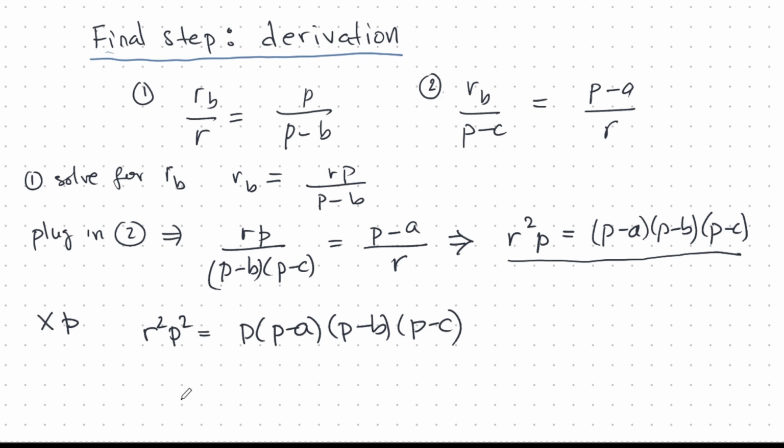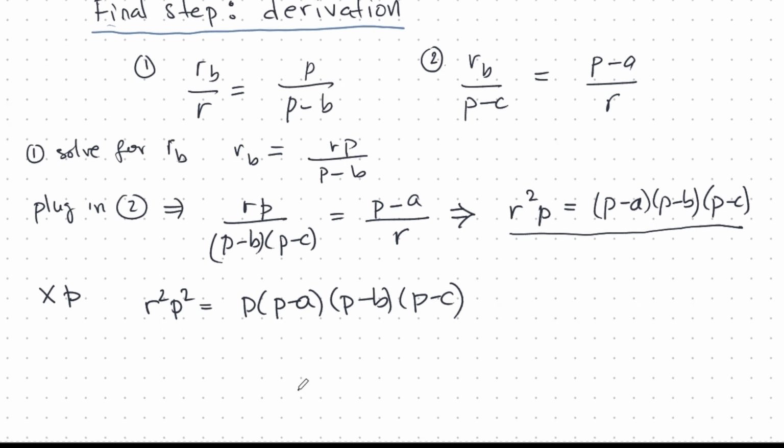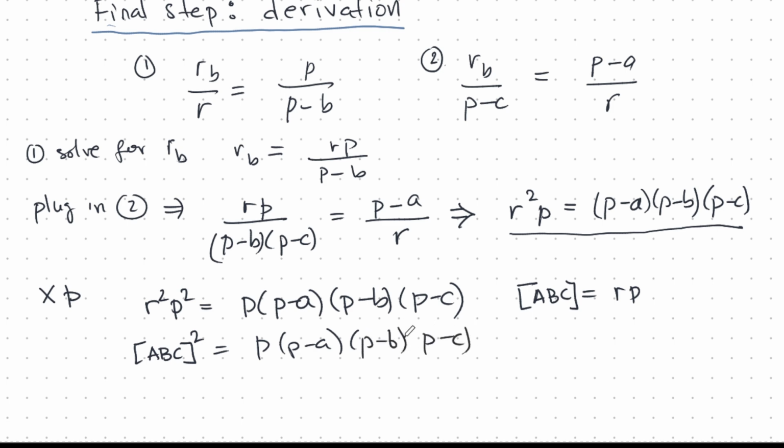Now, here is where I said there's just a little bit of magic. If you remember, the formula for area in terms of incircle was RP. And so therefore this is area squared. ABC squared is P minus A, P minus B, P minus C. I like writing it.